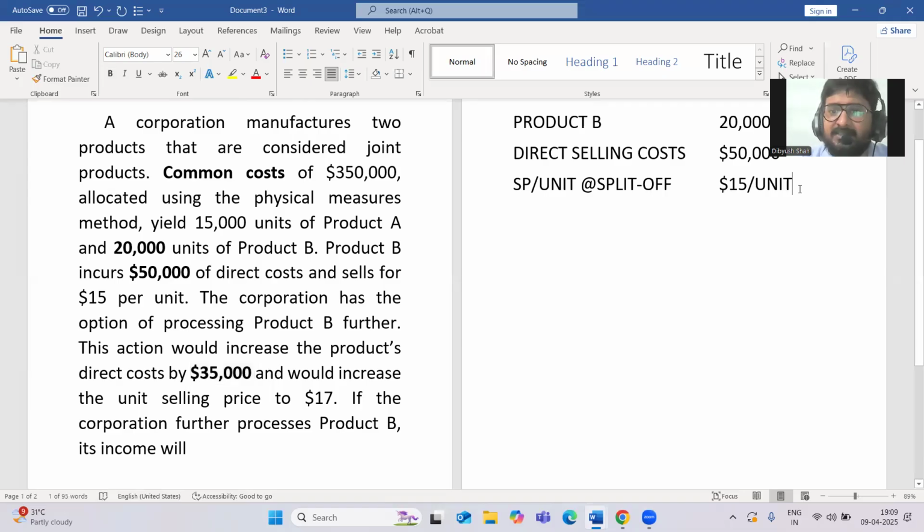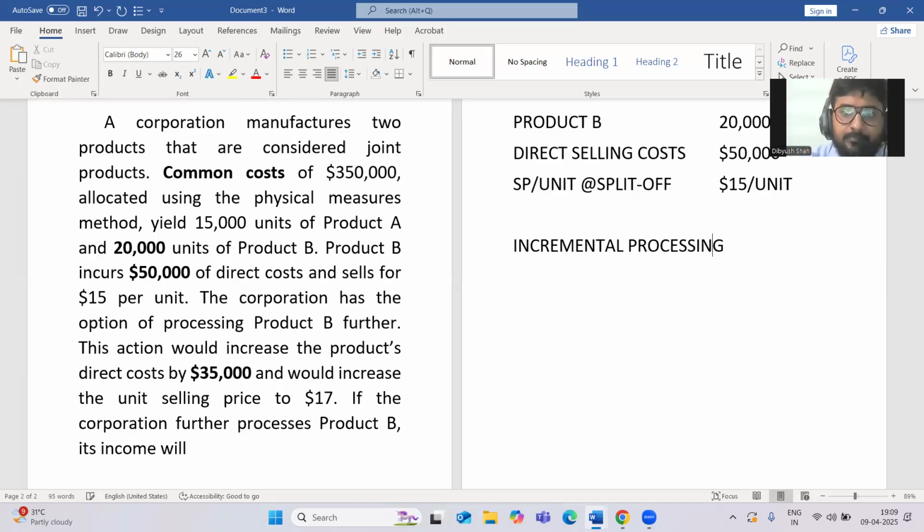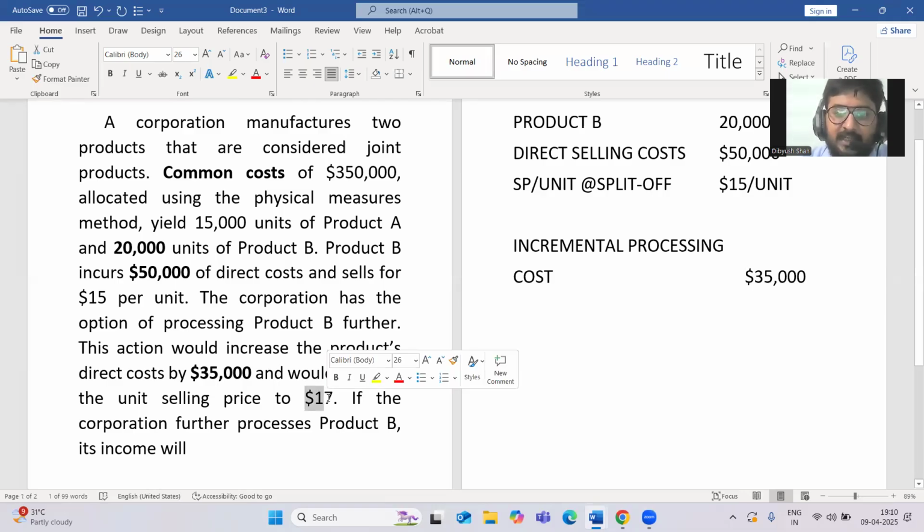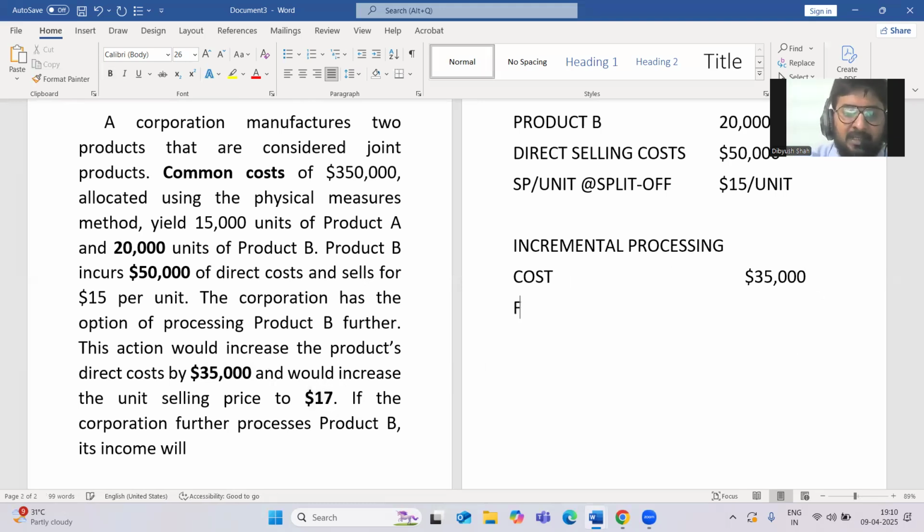So that means the further processing cost, or incremental processing cost, is $35,000, and it would increase the unit selling price to $17. So my selling price will also increase. From 15, it will become 17.